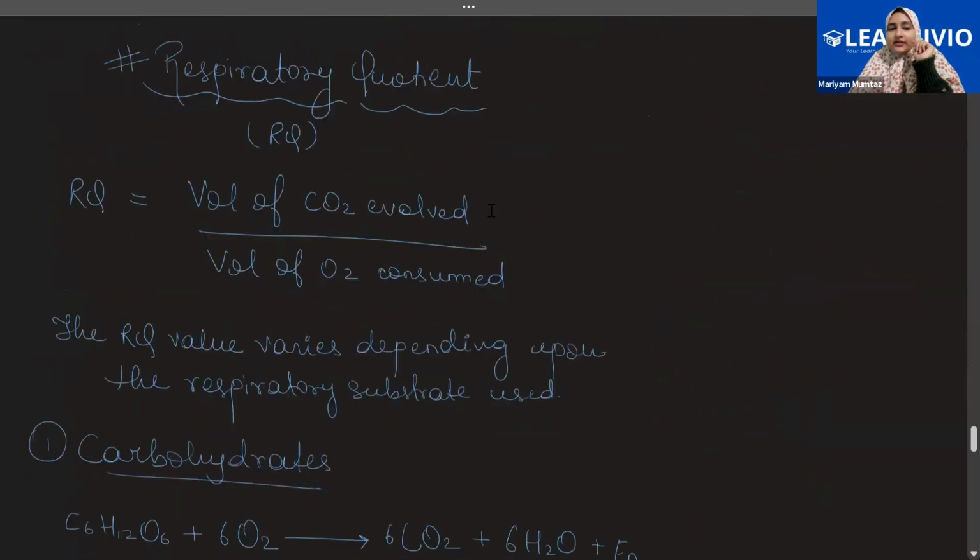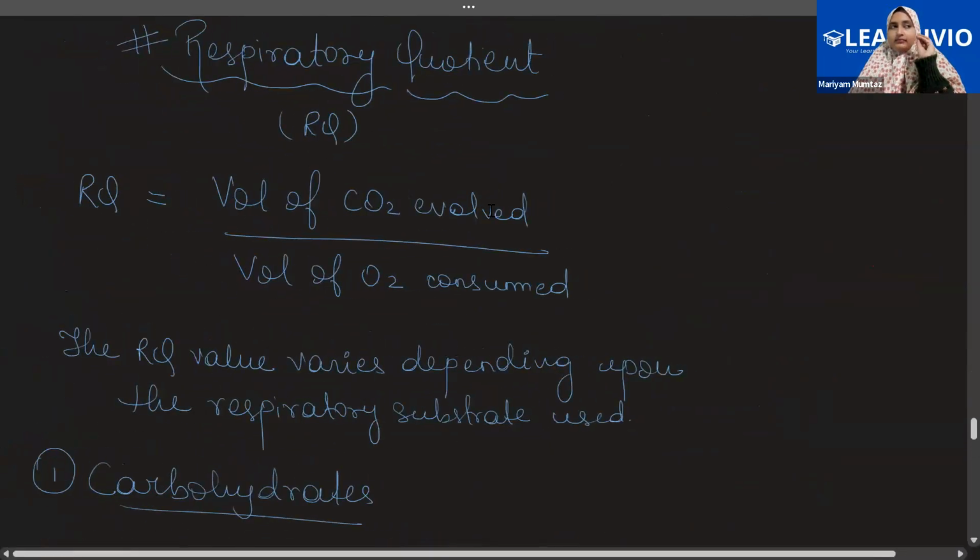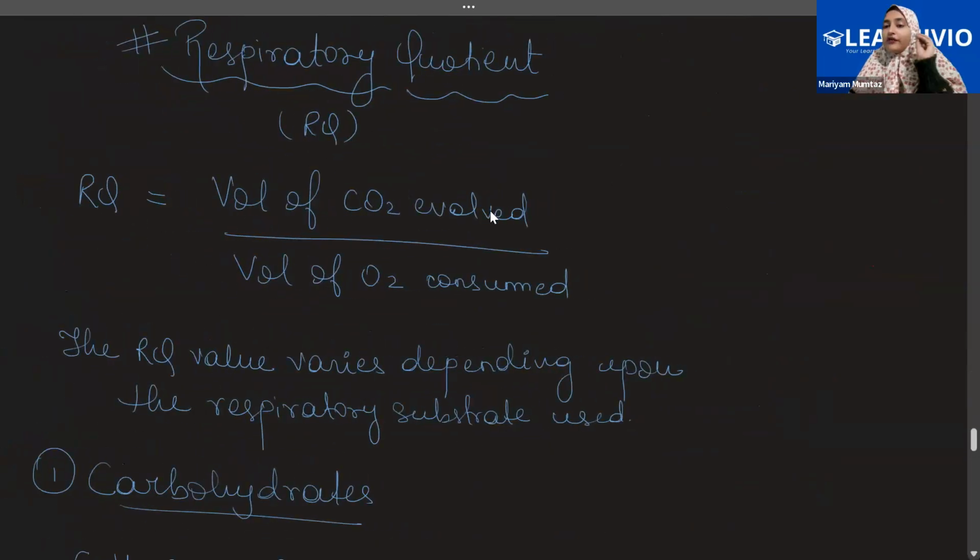So basically respiratory quotient is how much carbon dioxide is released when oxygen is consumed. Like during the respiration pathway, how much oxygen is being consumed, and as a result how much CO2 is being released.